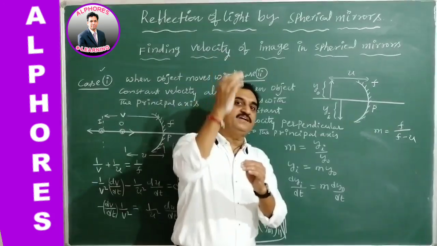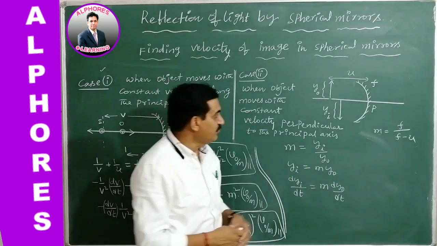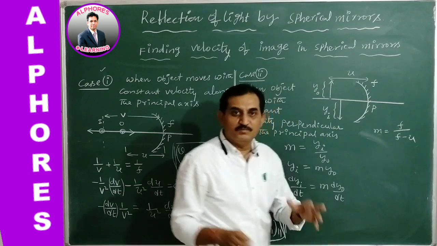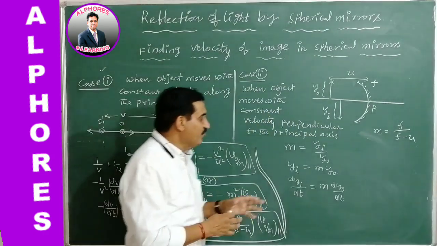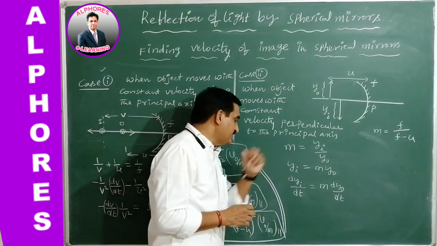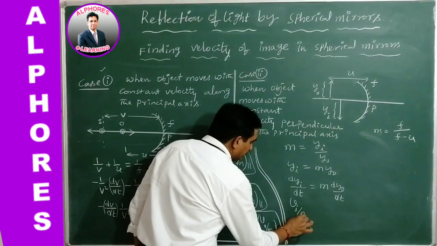As it moves perpendicular to the principal axis, u would not be altered. Therefore, in this equation, focal length is constant, u is constant, both are constant. Therefore, as a whole, m is taken as constant and differentiated. This is the velocity of image with respect to mirror again.